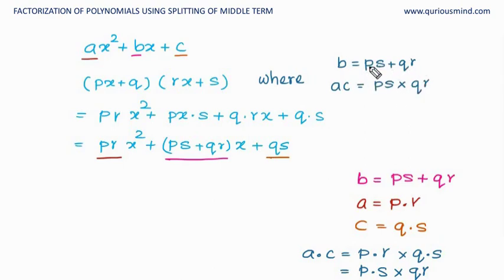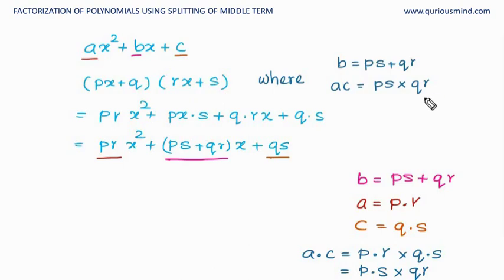So here is the sum of ps and qr, and here the multiplication of ps and qr. So we need to find b, which is the sum of ps and qr, and we need to find ac, which is the multiplication of these.